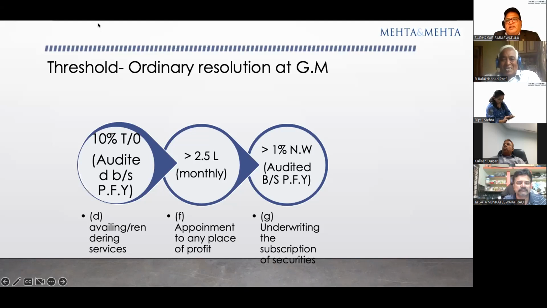People think that the moment it is in the ordinary course of business and at arm's length, everything is exempted. Not so. Only 188 provisions are exempted. As far as 189 is concerned, wherein you have to maintain a register, you have to make the entry despite the fact that it is exempted under 188. Correct, sir. I agree with you.